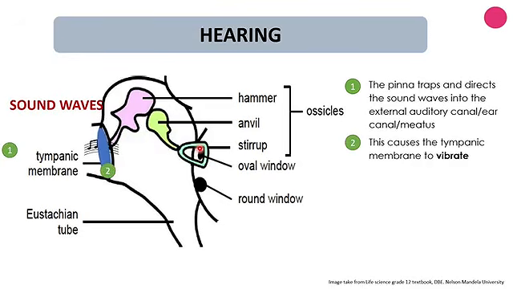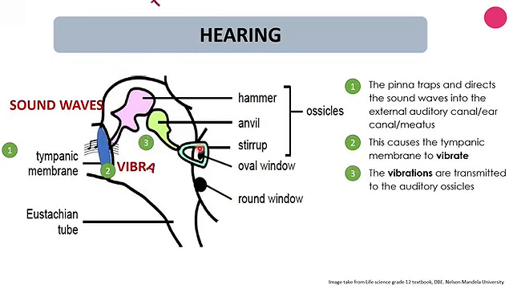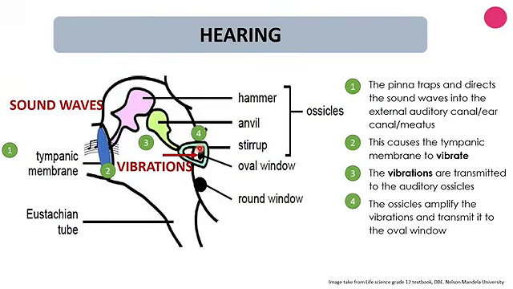The tympanic membrane will vibrate, and the vibrations are transmitted to the auditory ossicles. And the function of the ossicles is to amplify the vibration and transmit it to the oval window.